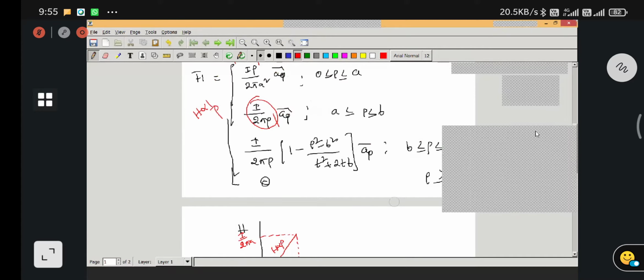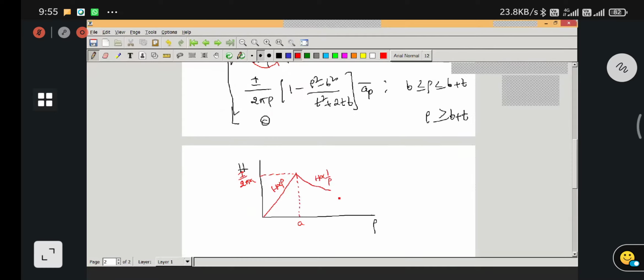Okay, please listen carefully. Being inversely proportional, h will slightly decrease. This is the decreasing h, inversely proportional to 1 by rho. This is the second conductor, at b, where h is I by 2 pi b.